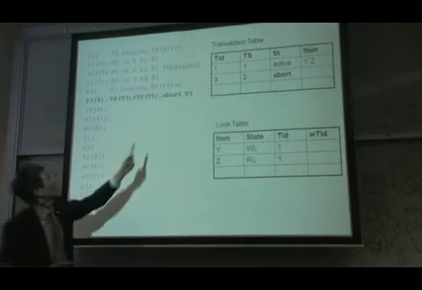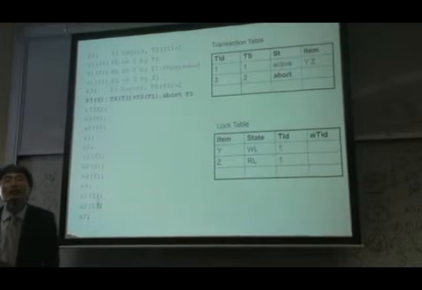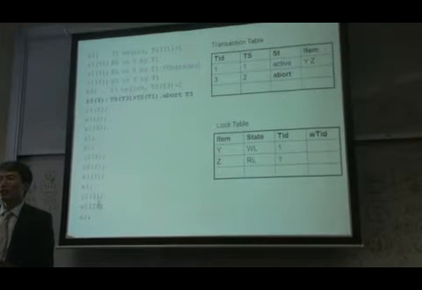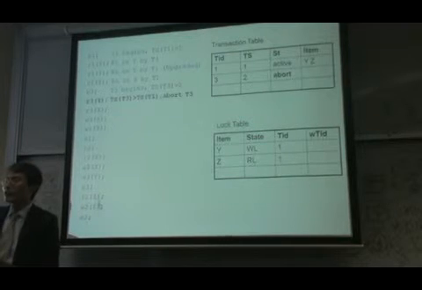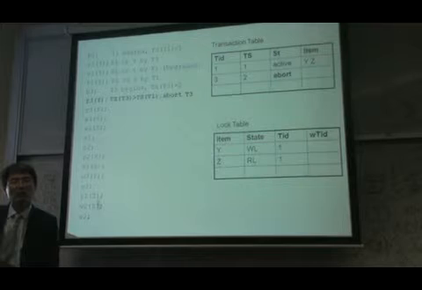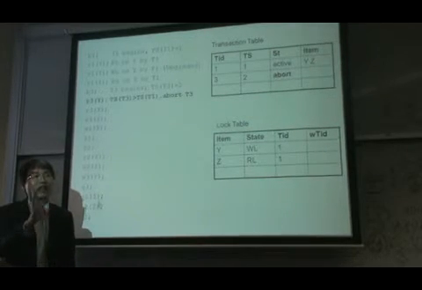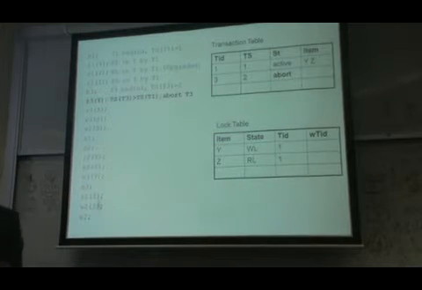Otherwise, if T1 requests an item owned by T3, there will be a deadlock. Deadlock prevention, deadlock avoidance, deadlock detection, whatever. It's not always a deadlock, but that may cause a deadlock chance.